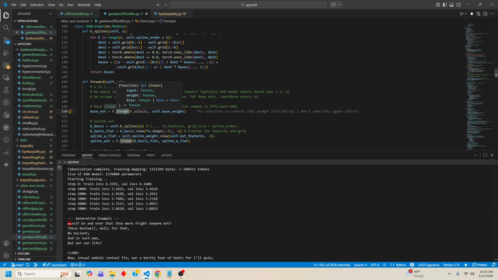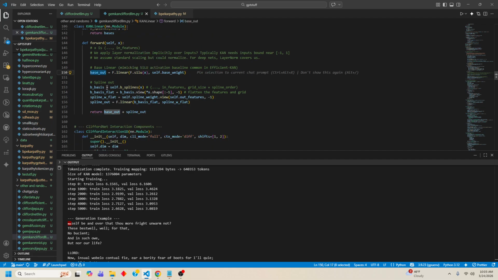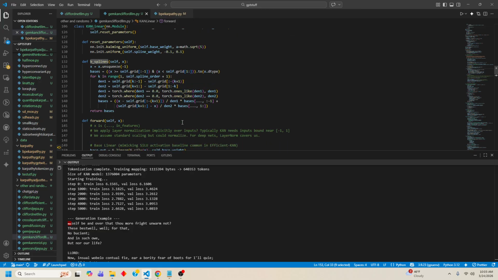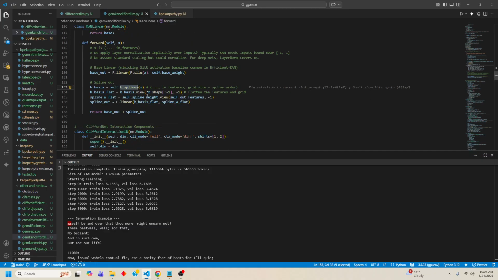Okay, so there's a linear for the base. Then these splines, spline out. Yeah, I haven't read through that part.